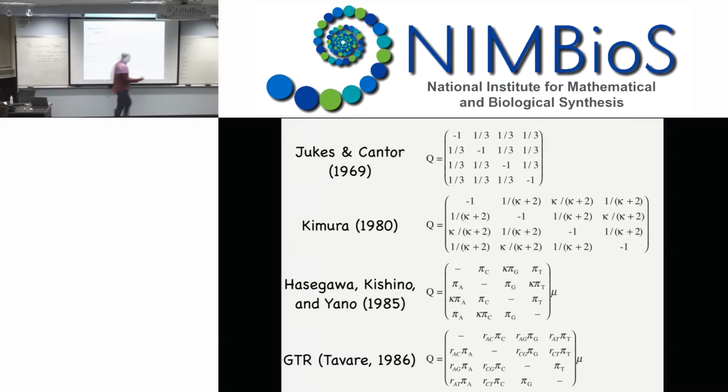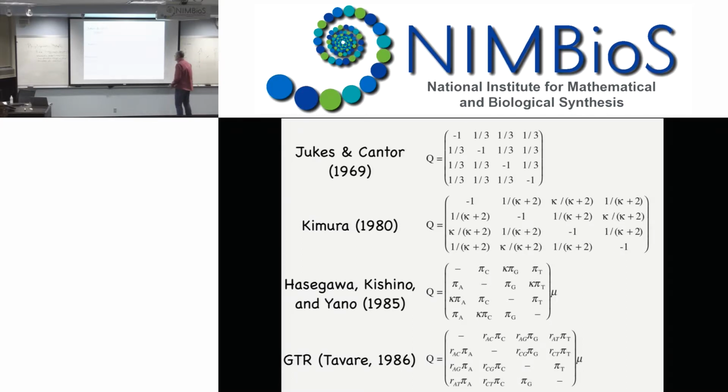But if you think about A, C, G, and T, changes between the two purines or between the two pyrimidines are transitions, and the other changes are called transversions in the molecular evolution literature. They observed that changes between A and G or C and T were occurring at a much higher rate than the others.